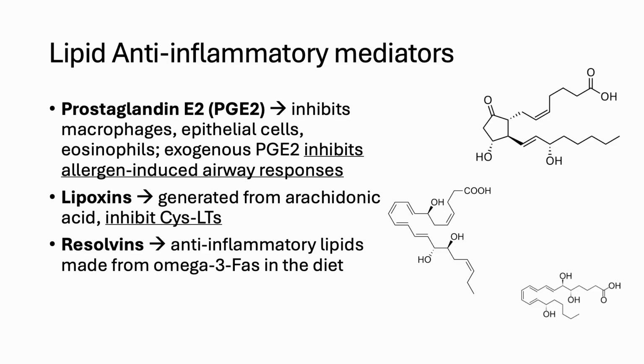So it's very interesting to think about that as well. And then you also have these two molecules, lipoxins and resolvins, and these are both general anti-inflammatory ones. Lipoxin is generated from arachidonic acid, and it shuts down cysteinyl leukotrienes. And resolvins are one of the reasons why we might want some omega-3 fatty acids in our diet.